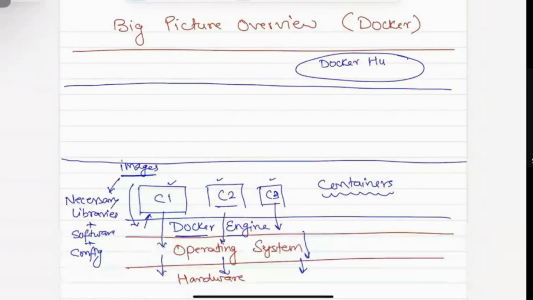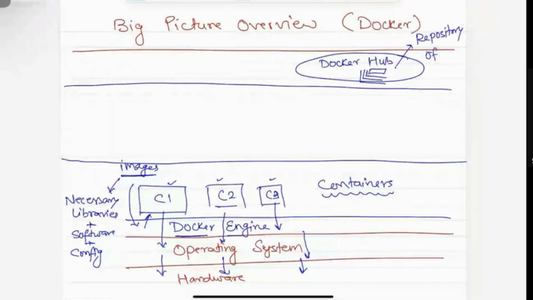They created Docker Hub on similar lines. What Docker Hub contains is images. So you can say that Docker Hub will have multiple images. Docker Hub is nothing but a repository of Docker images.